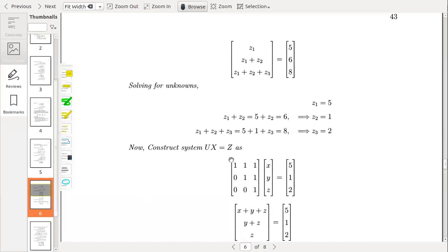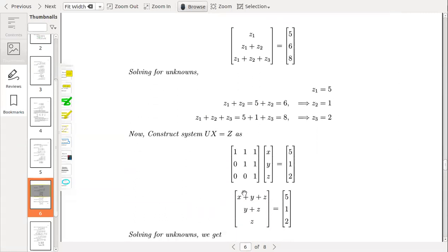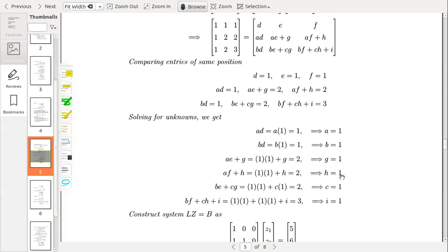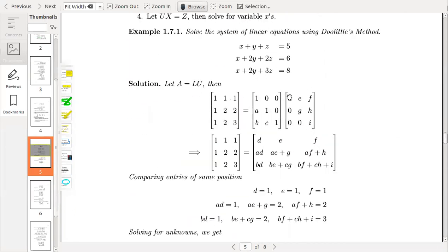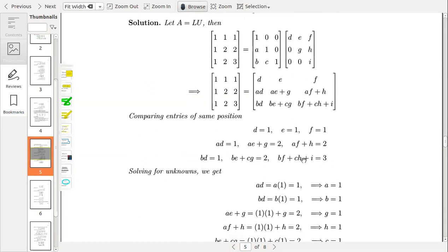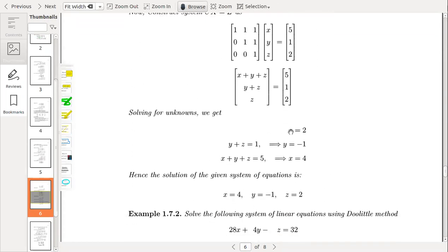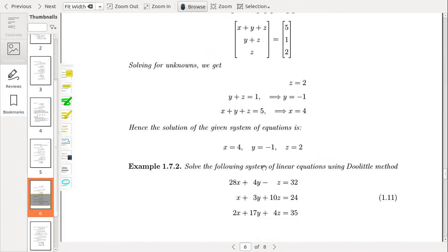Then with the help of the second system, UX equal to Z, in the same way you multiply this upper triangular matrix, which you have obtained, with the values D, E, F, G, H, I. So D is equal to 1, E is equal to 1, and F is equal to 1. The first row is 1, 1, 1. Then X, Y, Z, 5, 1, 2. Multiply these two matrices and then you will be able to find the solution.